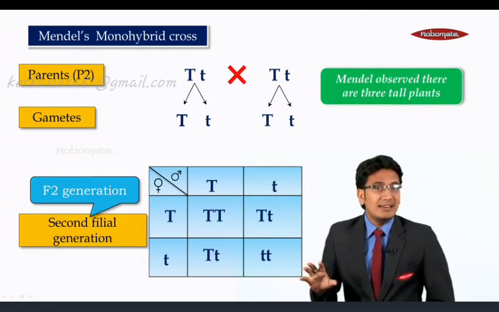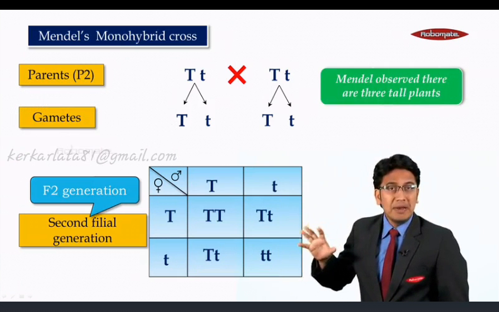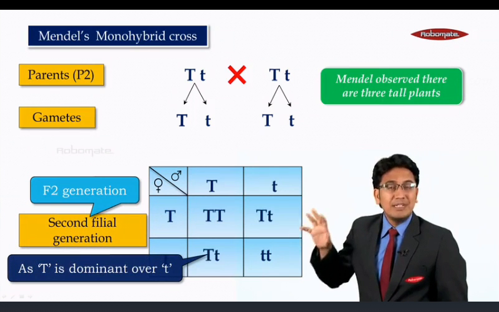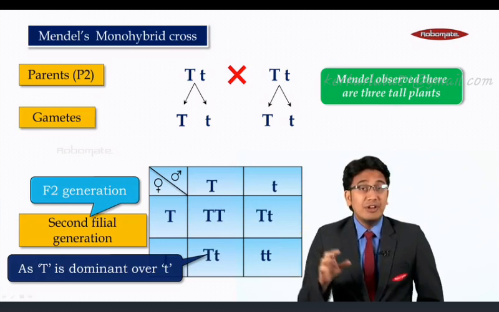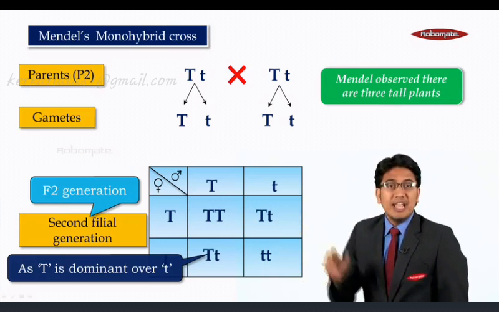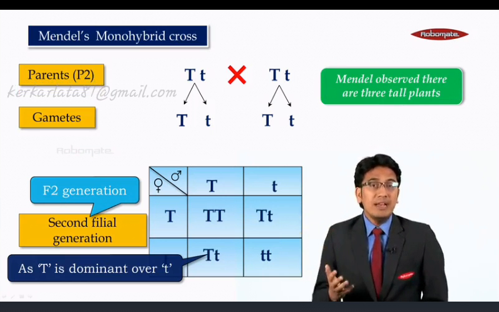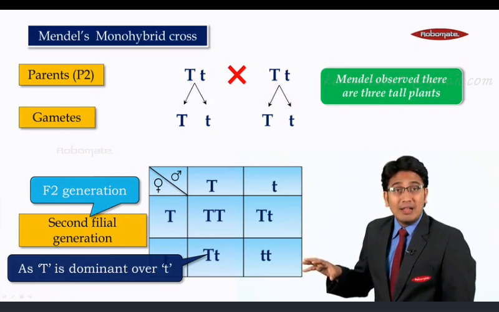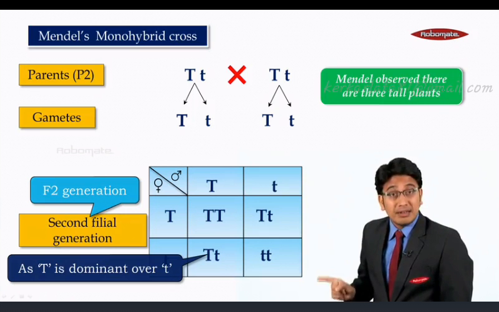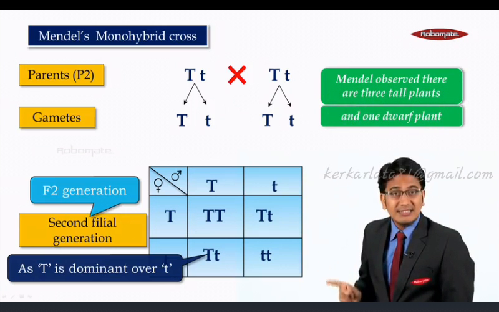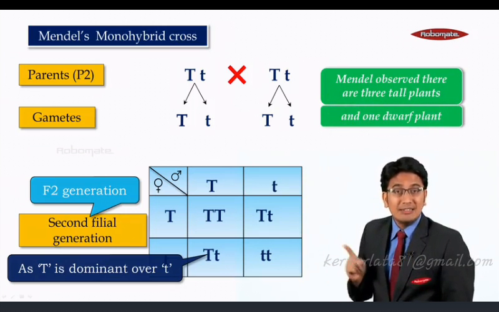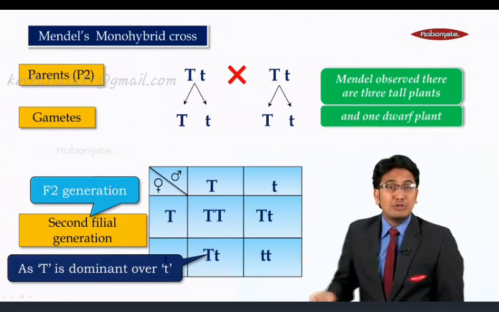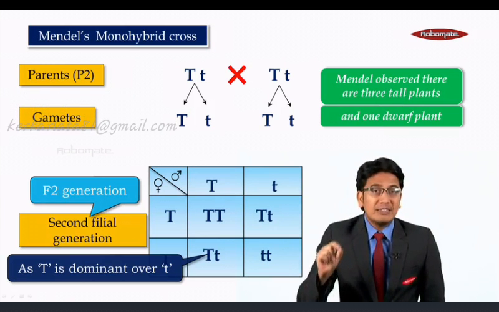So it's clearly seen there are three tall plants because in all these three combinations capital T is present, and whenever capital T is present, this capital T will dominate the small t. So all those plants were tall, but in this case there is one dwarf plant because there is no capital T, nobody to dominate the dwarf character small t.